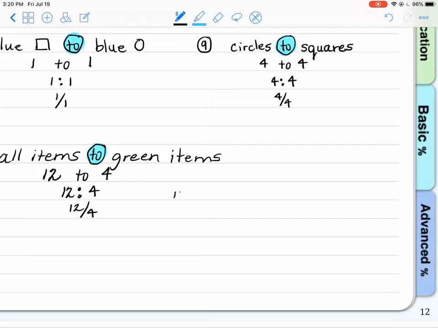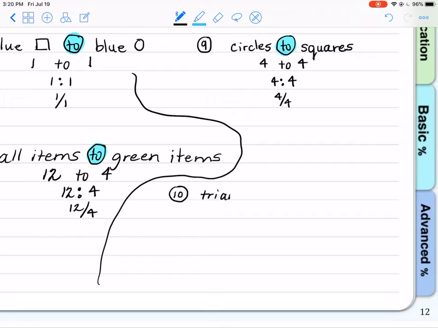Okay, number 10. Let me put a line through there. That's number 10. Asks me for triangles to circles and squares. This one was a little bit different, and I'm going to have to draw a square instead of. Okay, the word to is still important.